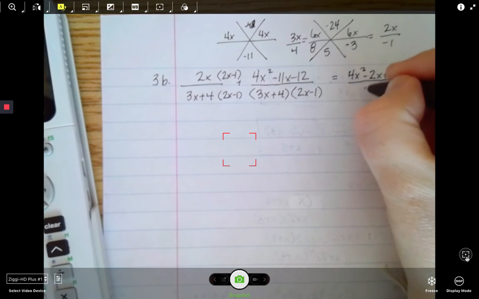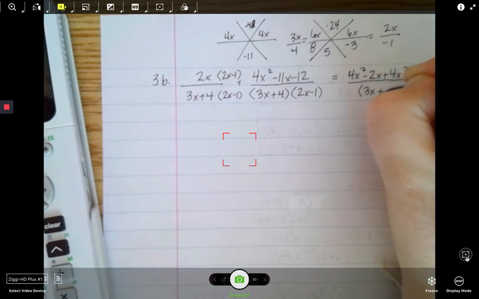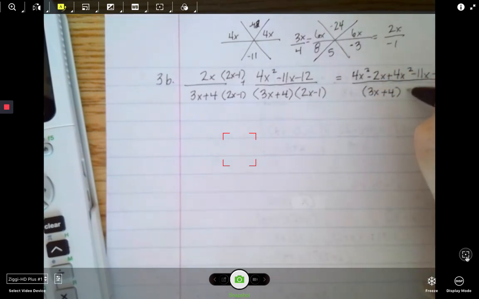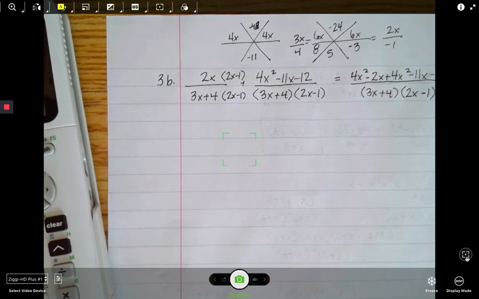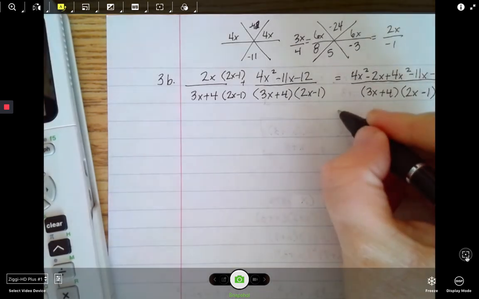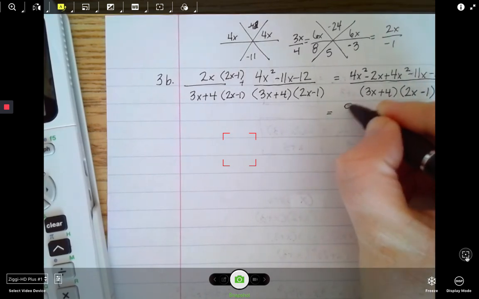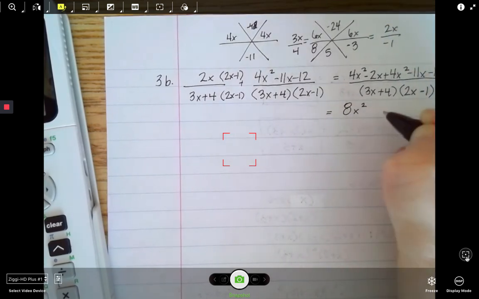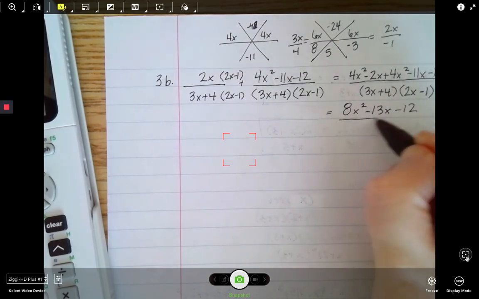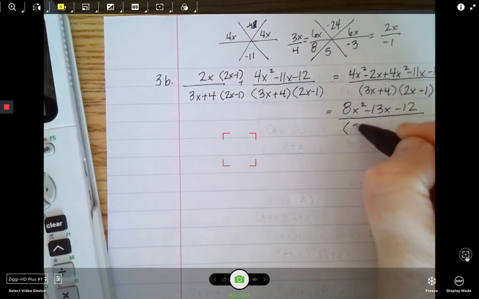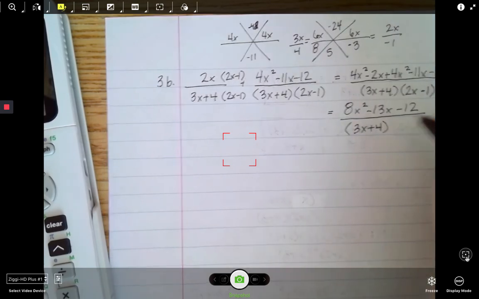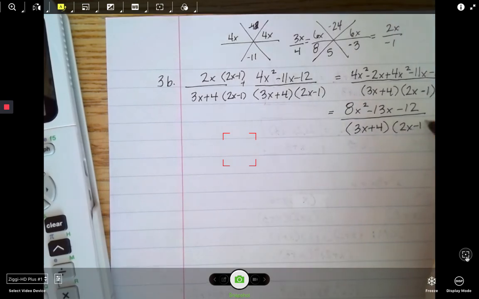All of that over 3x plus 4 times 2x minus 1. Combine your like terms. 8x squared minus 13x minus 12 over 3x plus 4 times 2x minus 1.